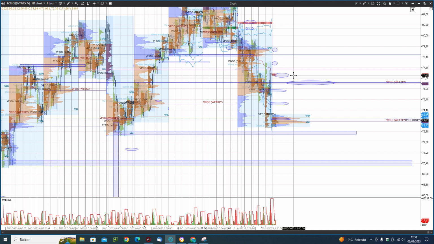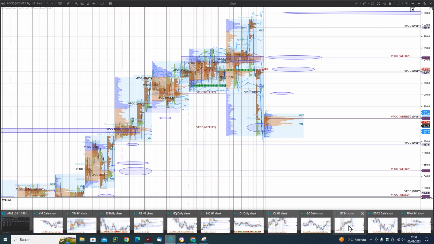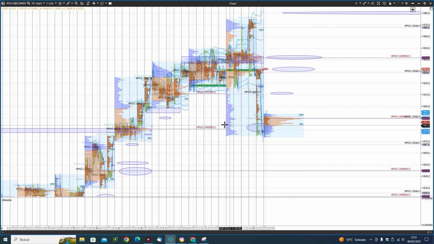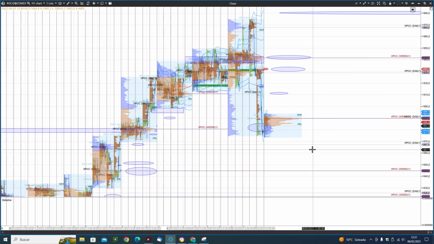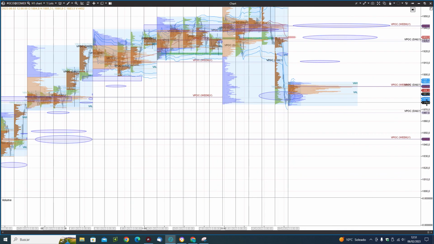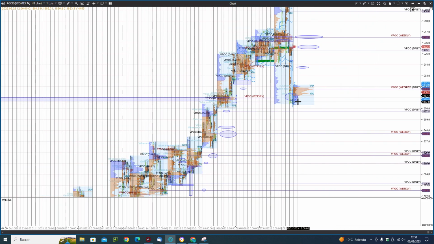Okay, let's see. Gold, we have here a very clear lower target. Once the price has touched it, here is a typical rebound, but let's see what could happen if the price drops.